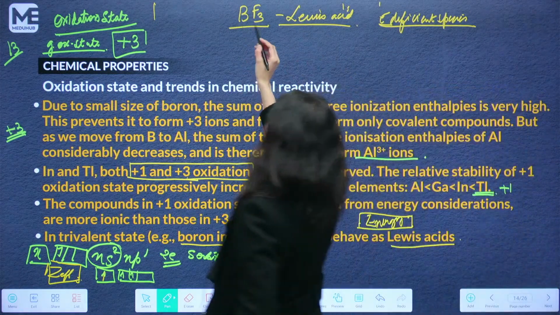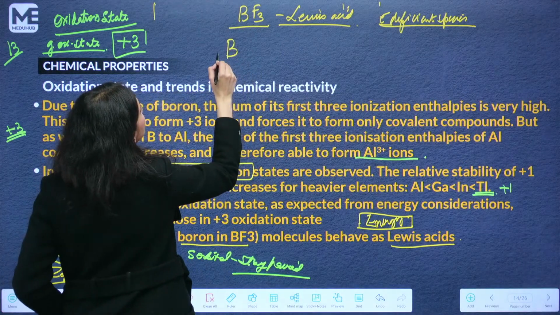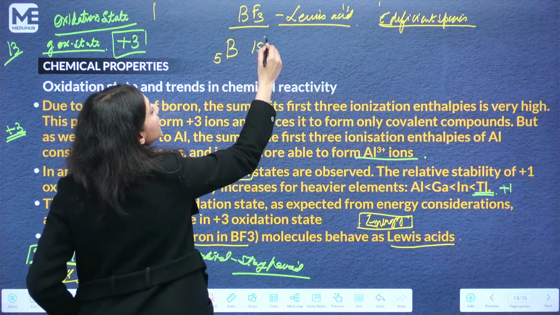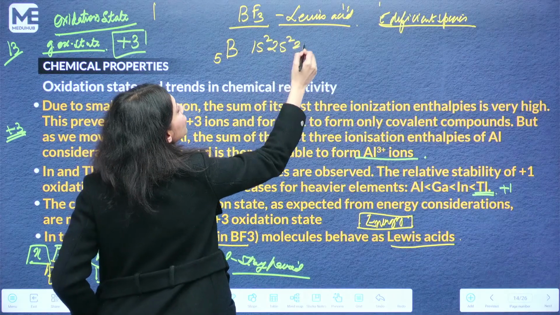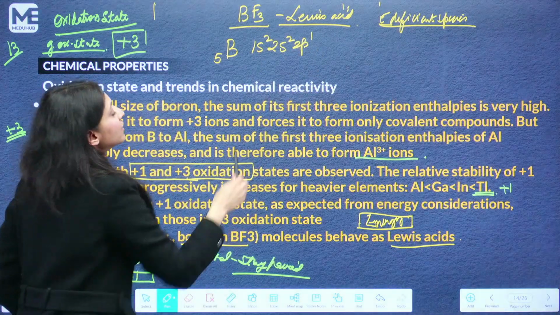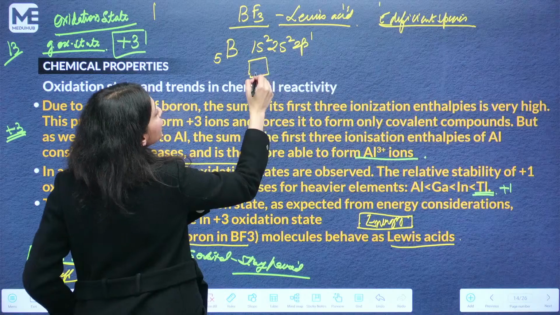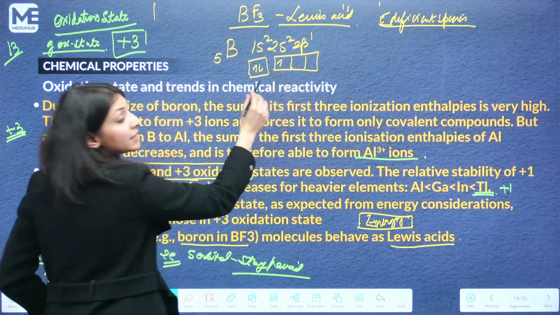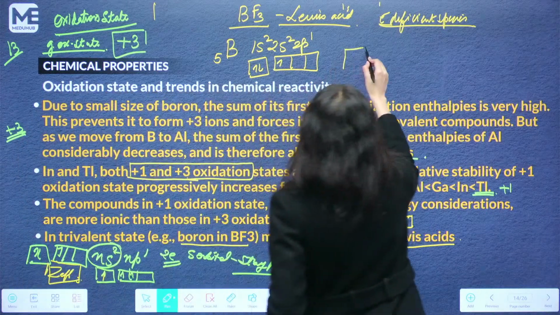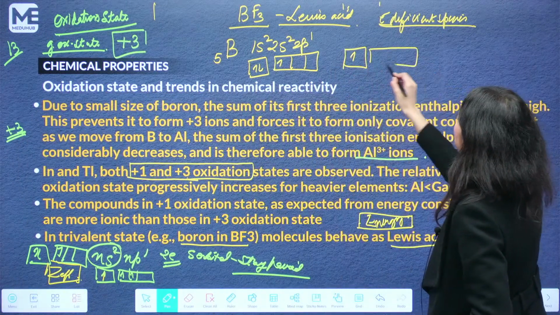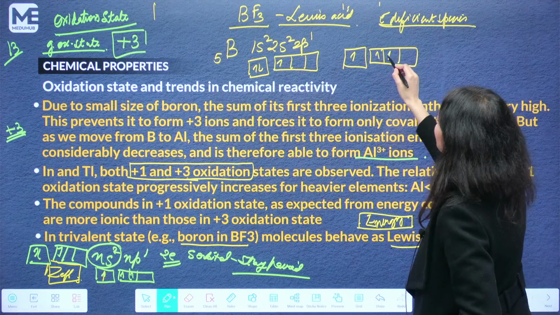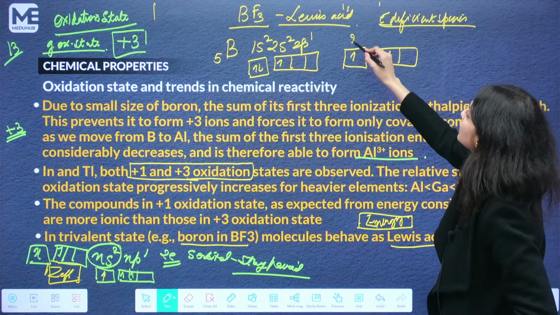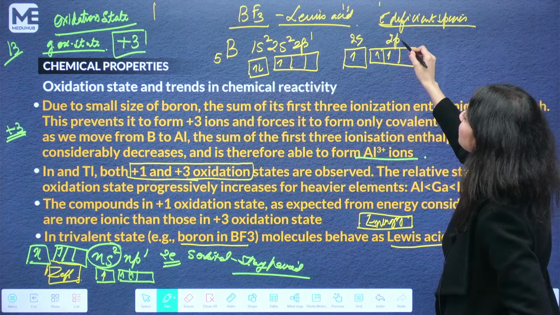Why is it so? If you look at the electronic configuration of boron, it is 1s2, 2s2, 2p1, right? If you see the valence shell configuration, it is this. In the excited state, the electrons become unpaired, and this is what you get. So this is 2s, this is 2p.